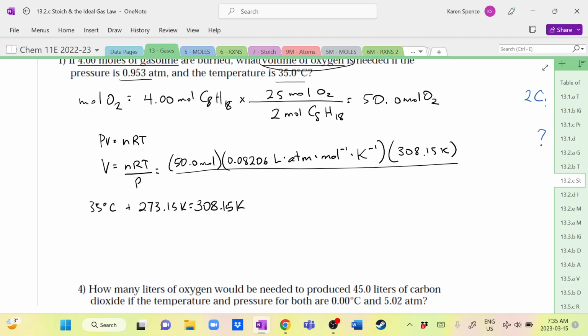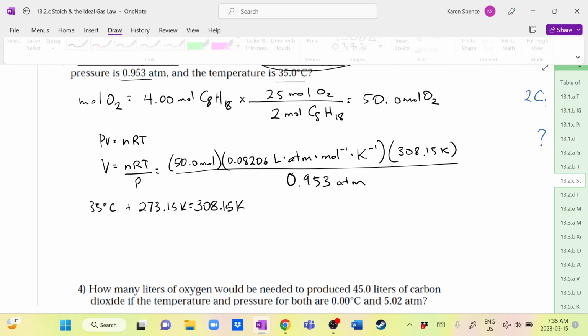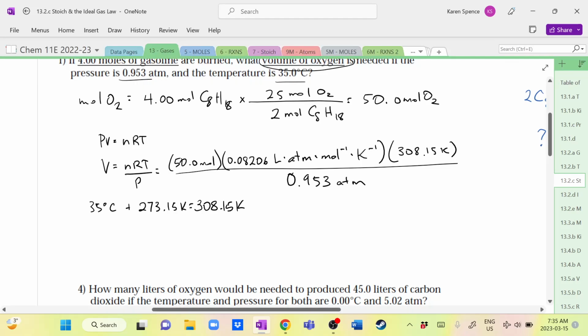And then on the bottom we need the pressure, which is 0.953 atmospheres. And then if we look at our unit cancellation, moles cancel with moles to the -1 because that's per mole. Kelvin cancel with Kelvin to the -1. Atmospheres cancel with atmospheres, and we are left with liters.